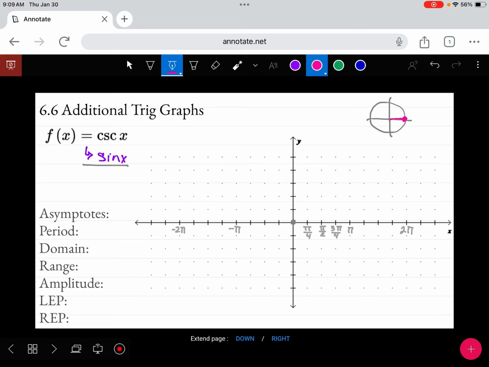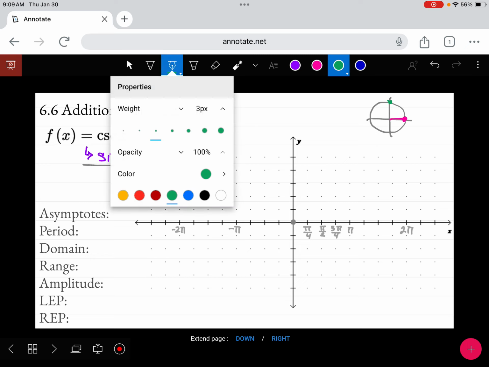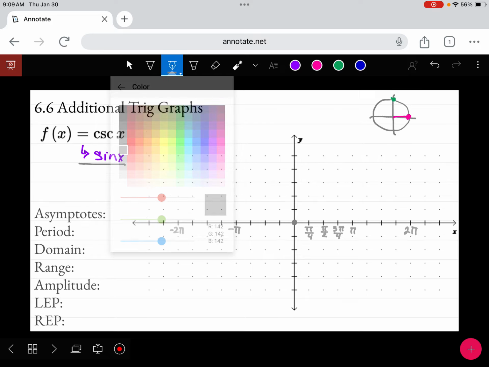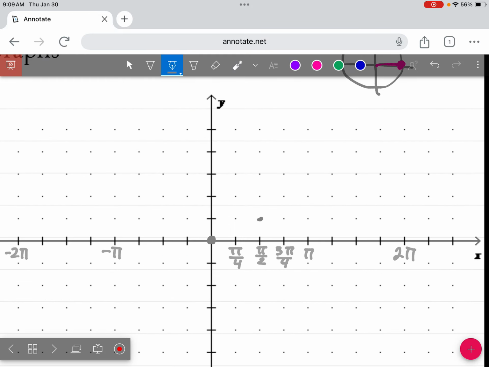At pi over 2, what's our sine? It's at 0, 1, so our sine is 1. At pi, what's our sine? 0. At 3 pi over 2, what's our sine? -1. And at 2 pi, 0.